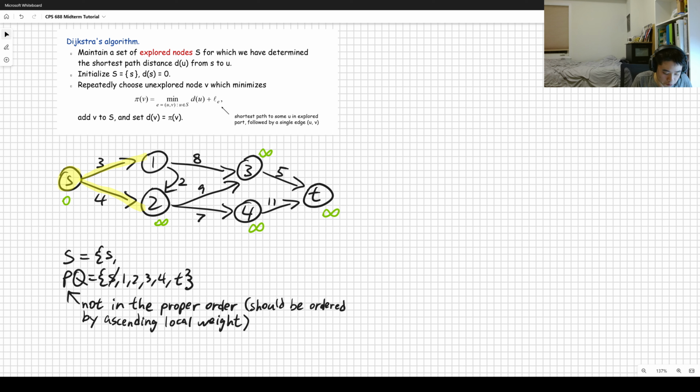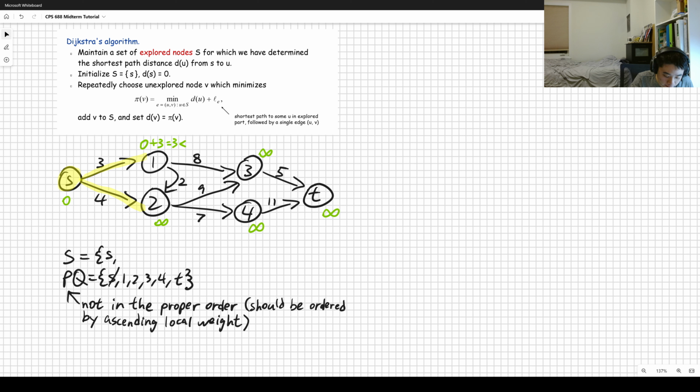I do not know how to speak today for some reason. So for example, from S to 1, which is connected by an edge with weight 3, the new total would be 0 from S plus 3 from the edge itself, equal to 3.